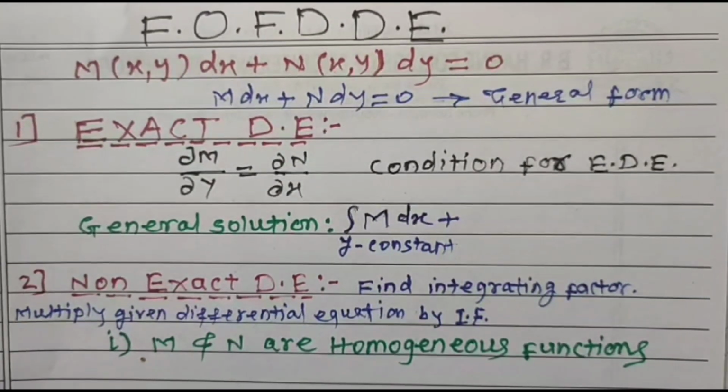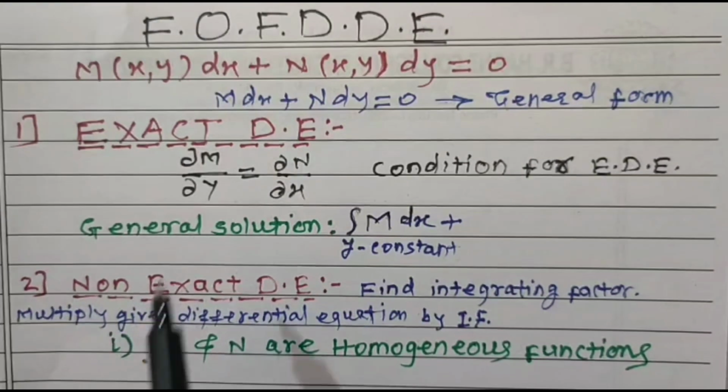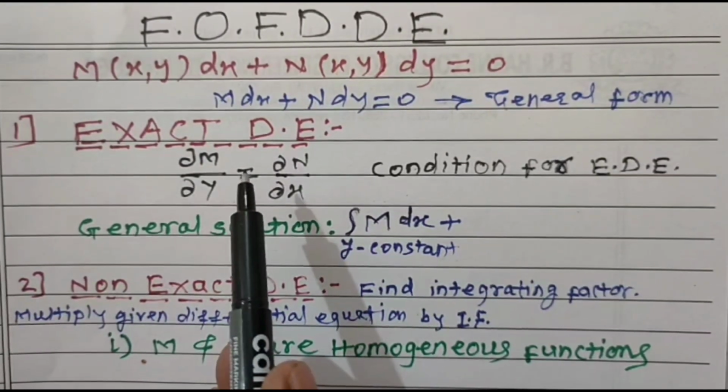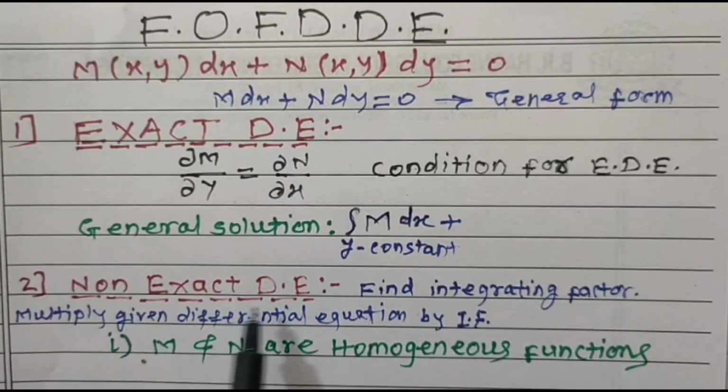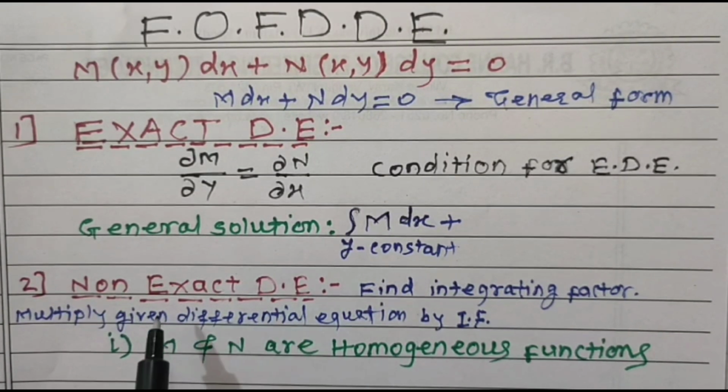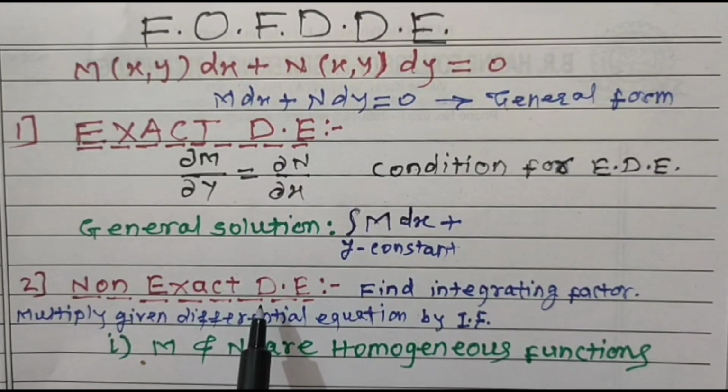In total there are four types. Number one is exact differential equation, number two is non-exact differential equation. In case of non-exact differential equation, we have to study four subtypes.